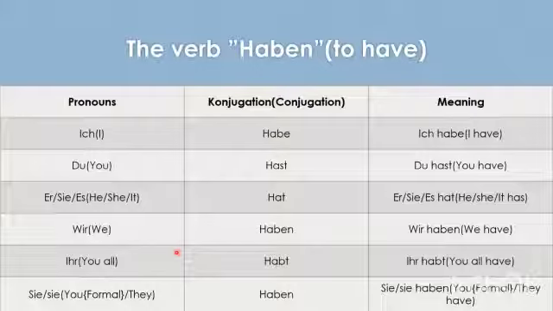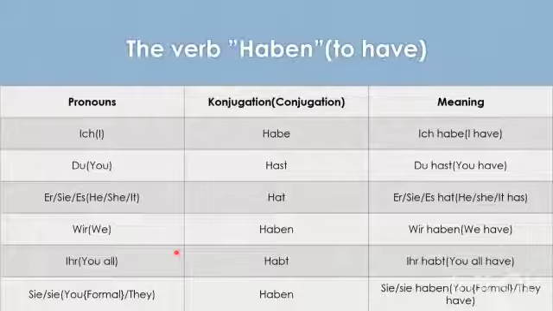With wir, the conjugation is haben. The meaning of wir haben is we have. Ihr, that means you all. The conjugation with ihr is habt. Ihr habt is you all have.